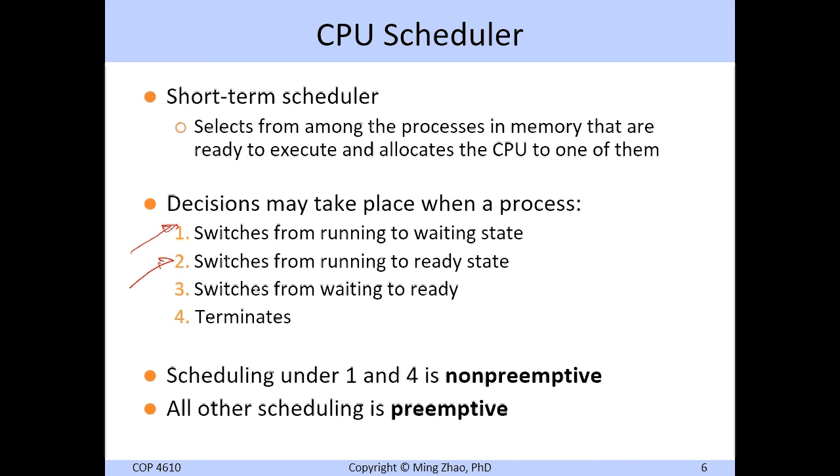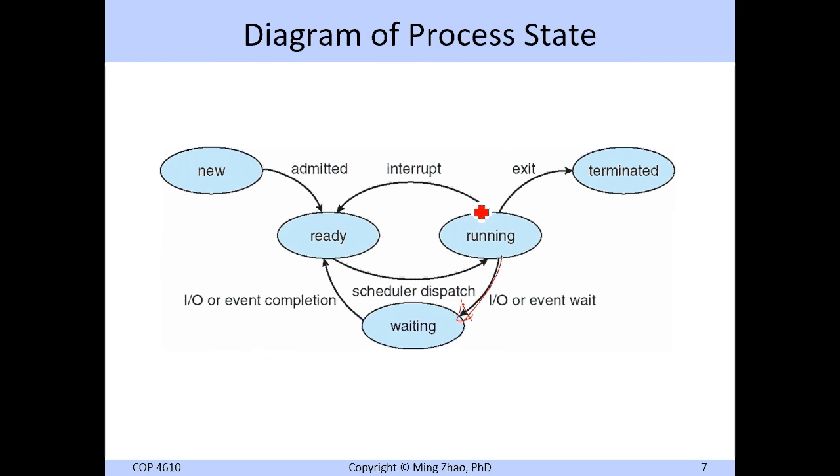In the second case, the CPU scheduler can make a scheduling decision when the process switches from running state to the ready state. That corresponds to this arrow here. We know that this happens because there is an interrupt, and the process that was running on the processor is interrupted and forced to leave the processor so that the OS comes back and handles the interrupt.